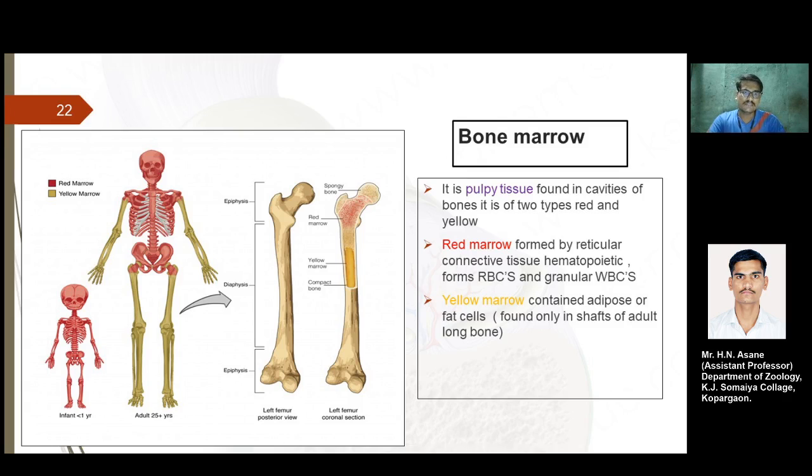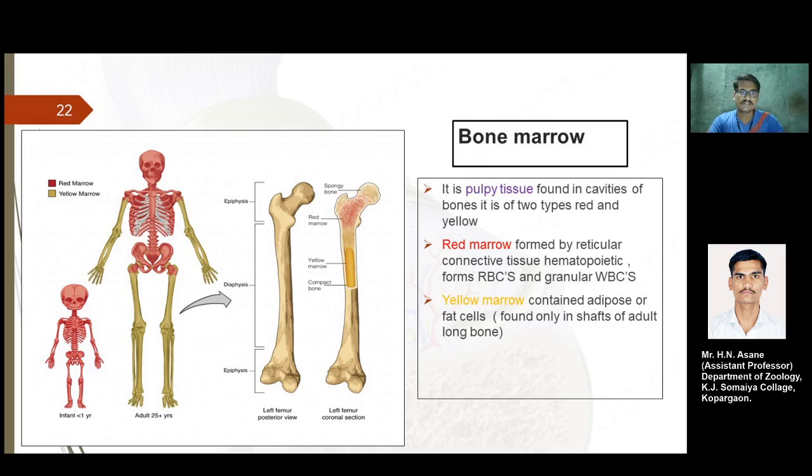As in the picture, you can see the red bone marrow formed by reticular connective tissue and hematopoietic in function. The reticular connective tissue is hematopoietic in function, which generally forms the RBCs and the granular WBCs.